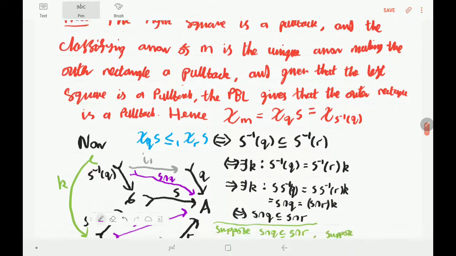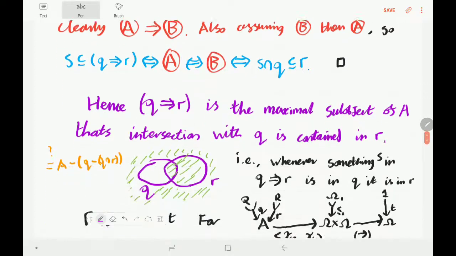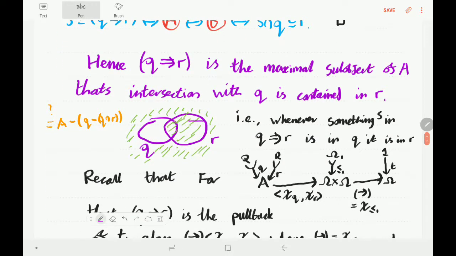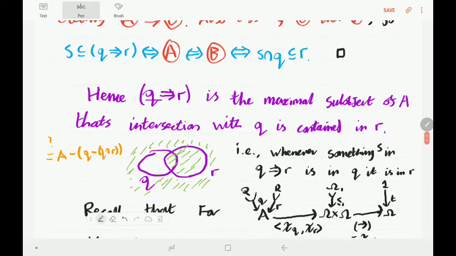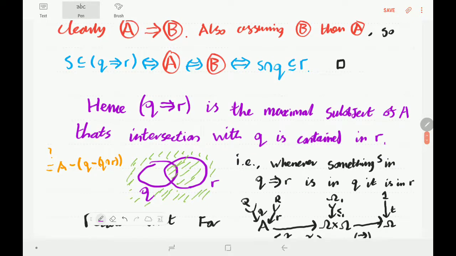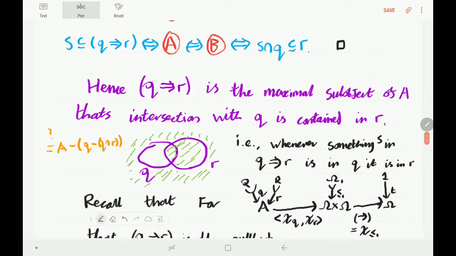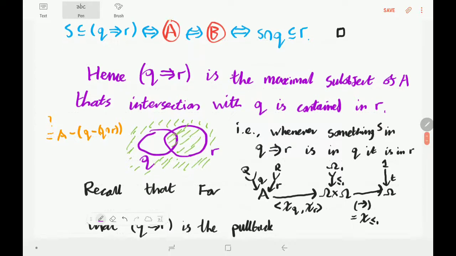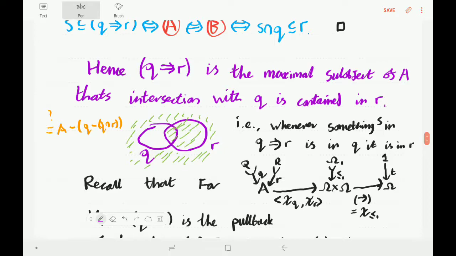So finally, what this all means basically is that the stuff that's in q double arrow r is the stuff that's intersection with q is contained in r. Okay. We could say it's a maximal subobject like that. The maximal subobject s, such as this. Okay. So this is basically the idea of implies.